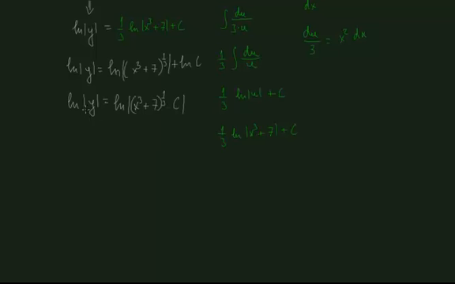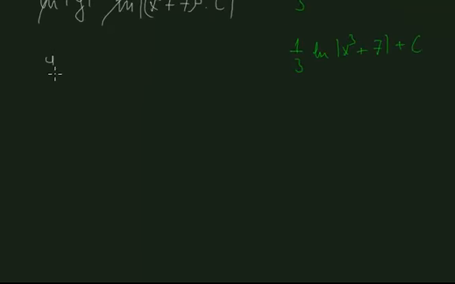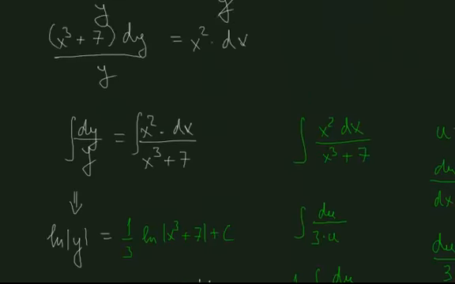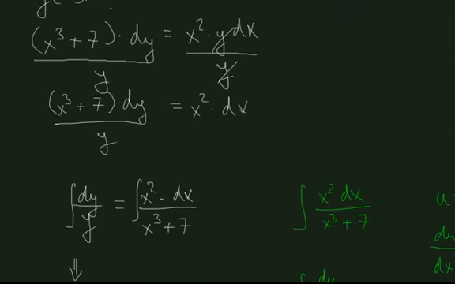Okay, so we know that as long as there are the same things on both sides, we can cancel them because they're natural logarithms on both sides. So now I cancel this natural logarithm, so y equals x cubed plus 7 raised to the power of 1/3 times constant. So our goal was to figure out what y of x is.